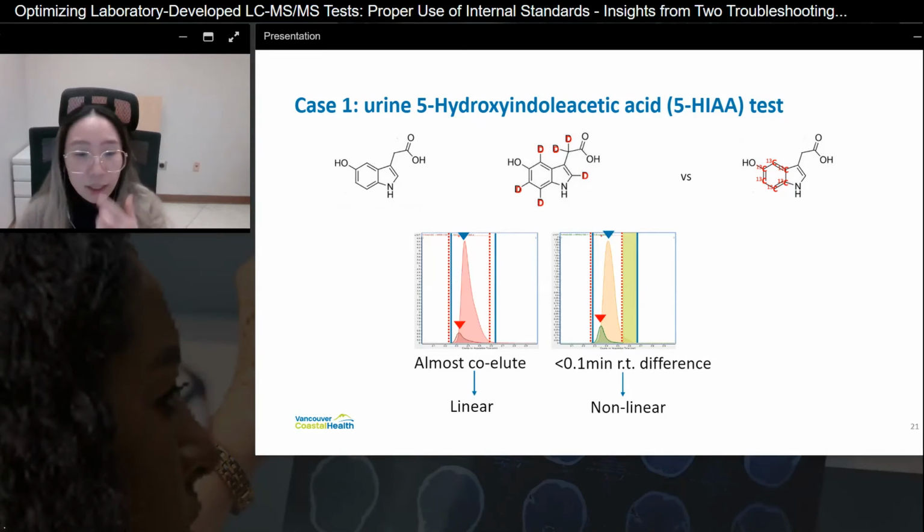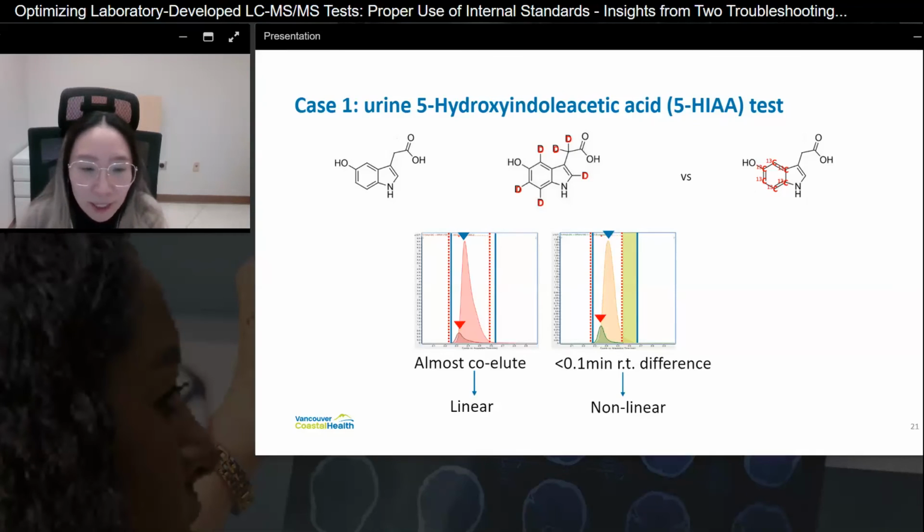This acidity can result in an isotope effect where the internal standard elutes earlier than the analyte on a reverse phase column. On a good day here, with a bad LC separation, we actually saw a nearly co-eluting pair.